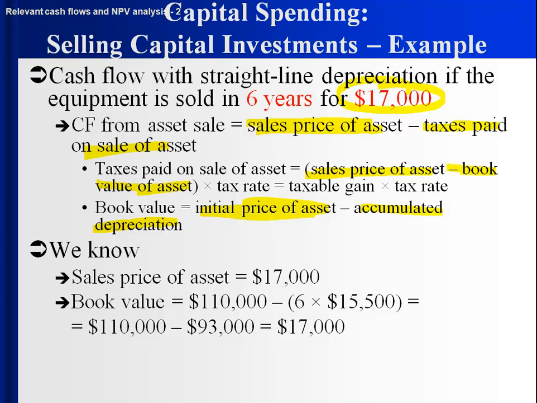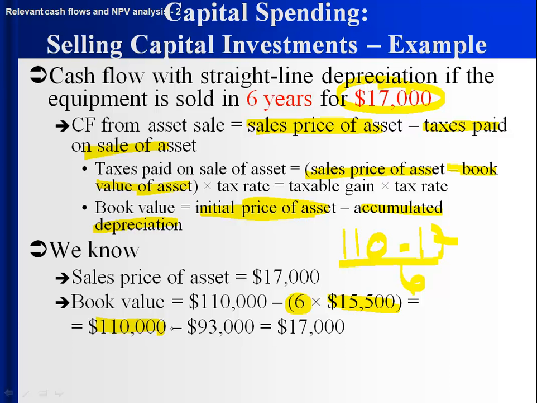So when we sell it, how much is it going to be worth? Well, we bought it for 110. We're going to sell it in 6 years, and we're depreciating it straight line over 6 years, so we'll have 6 years of depreciation, and the depreciation will be $15,500. And again, remember, 110 minus 17 over 6 is $15,500.